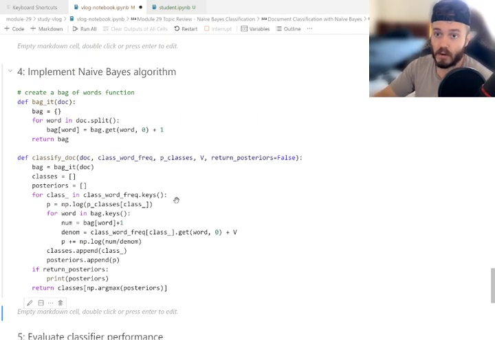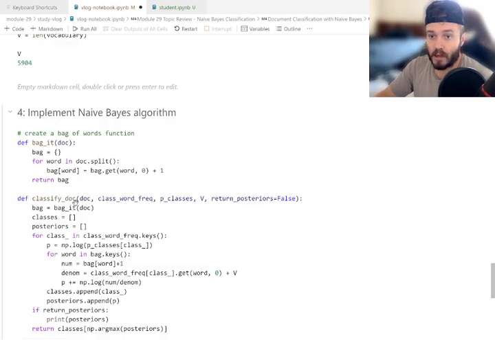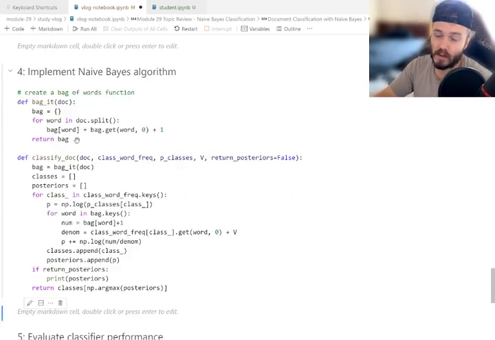I'm definitely not going to go through this line by line. That would take way too long. But basically, we have a function here called bag of words, which takes in a document, and for this particular occasion I think it was paragraphs of text.